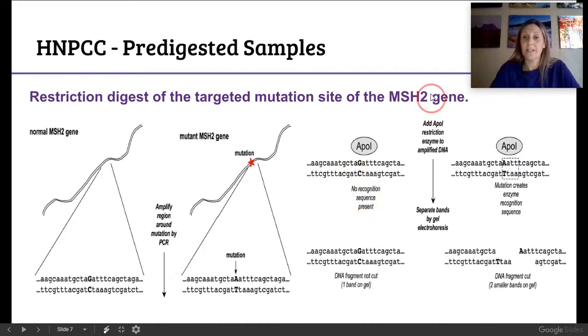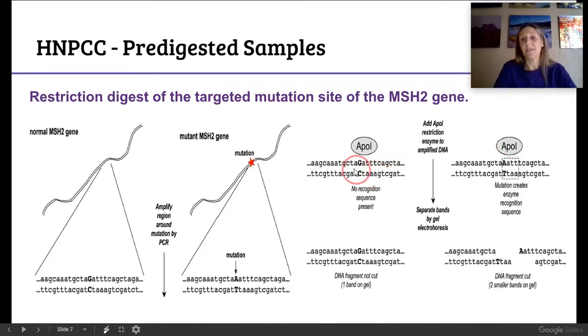In the case of our MSH2 gene, if it happens to be mutated, our restriction enzyme is going to recognize that mutation, and then it's actually going to cut the gene at that site. So luckily for us, with this particular restriction enzyme, ApoI, the mutation introduces a restriction site for this enzyme.